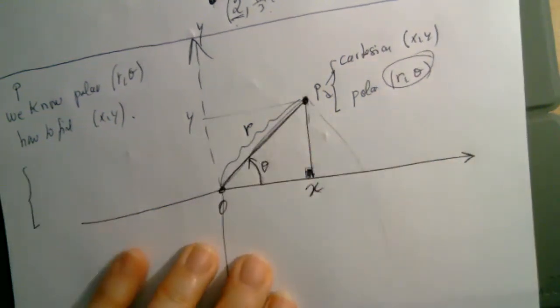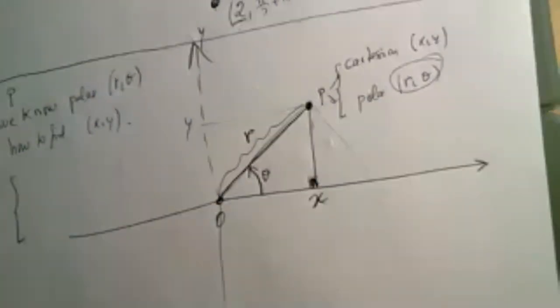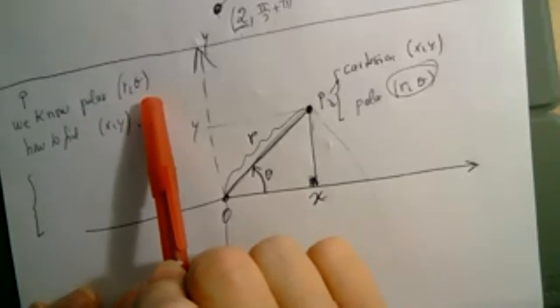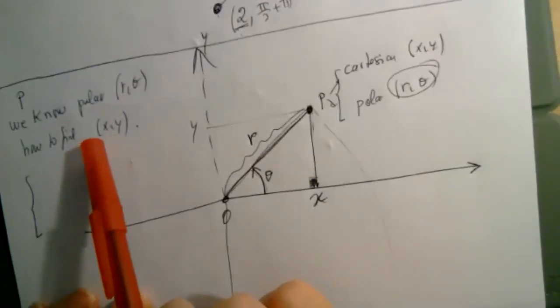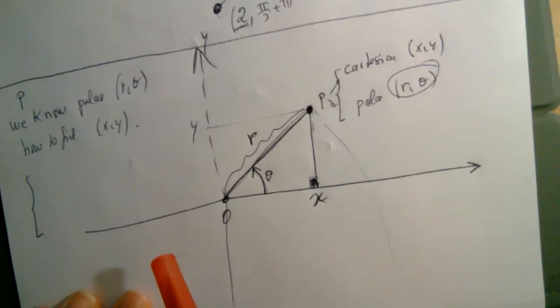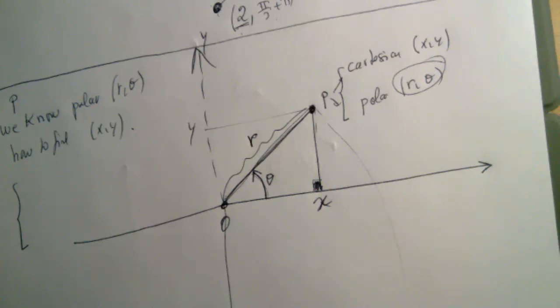What's going to be my x? Mark, you are right, but I don't know why. What do I know? I know r and theta. I want to find the x and the y. Even though your formula is correct, I know the r, I know theta, I want to find x. How would I find it?